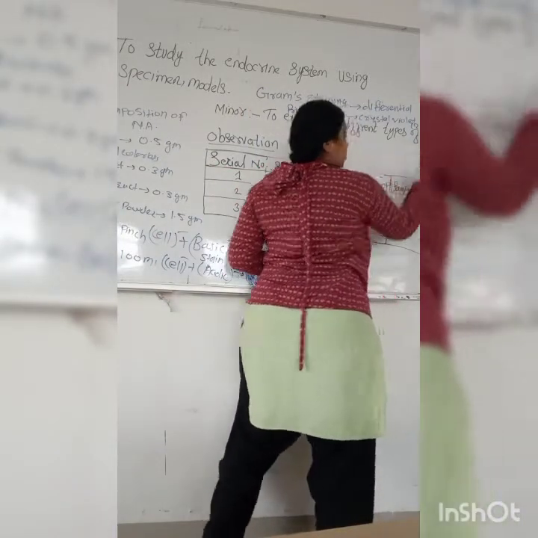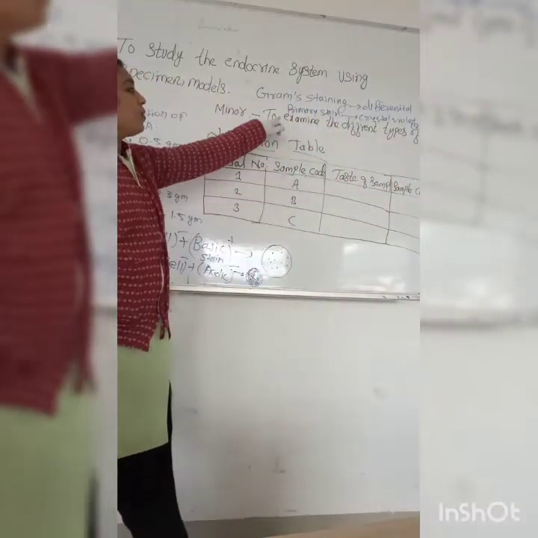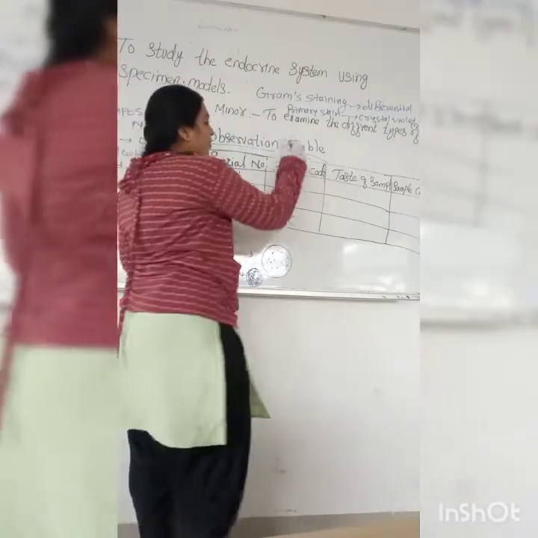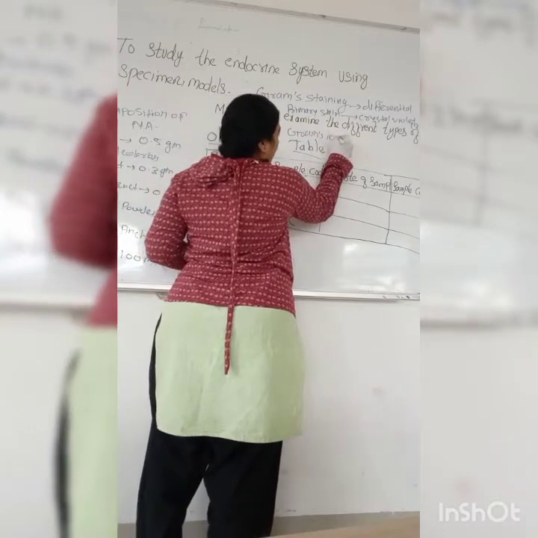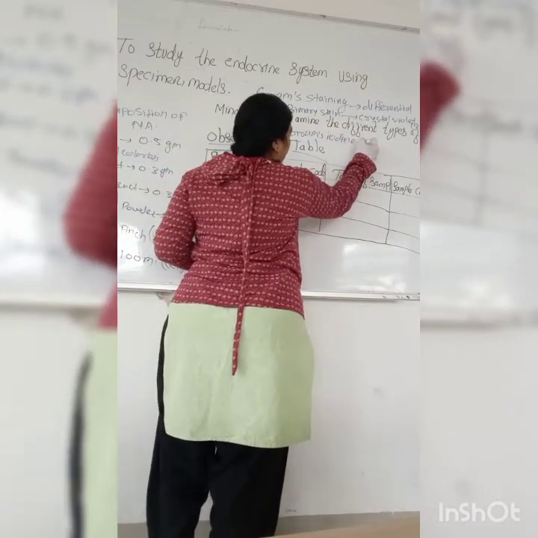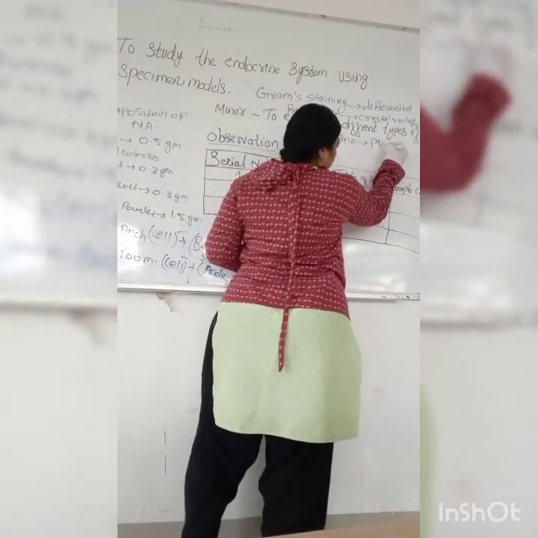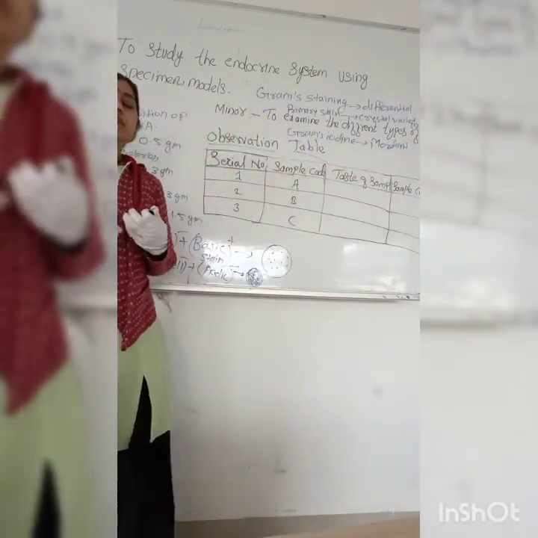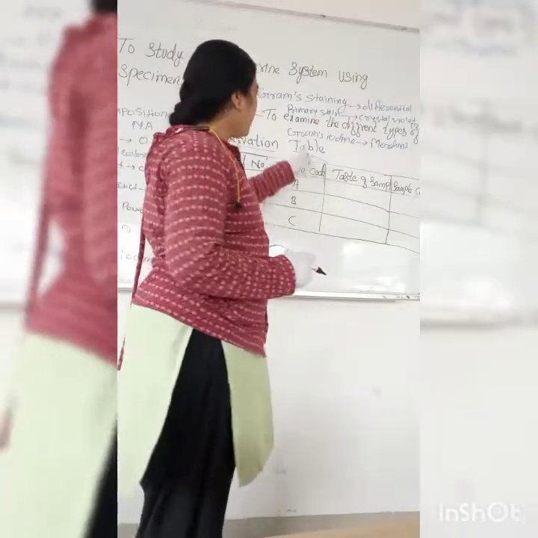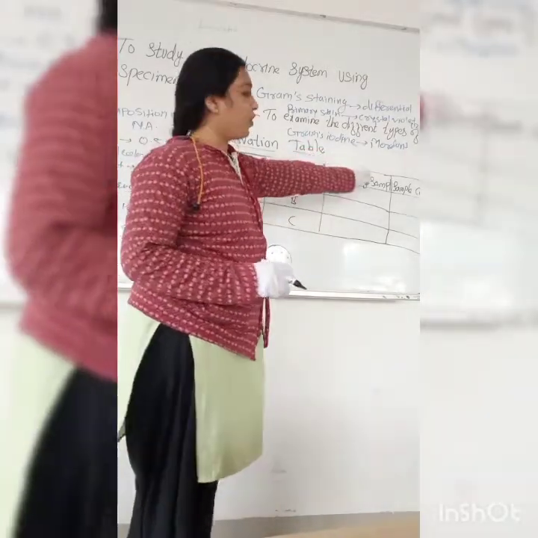Then we add Gram's iodine, which acts as a mordant. What is a mordant? It increases the affinity between the cell and the stain. So Gram's iodine is a mordant.